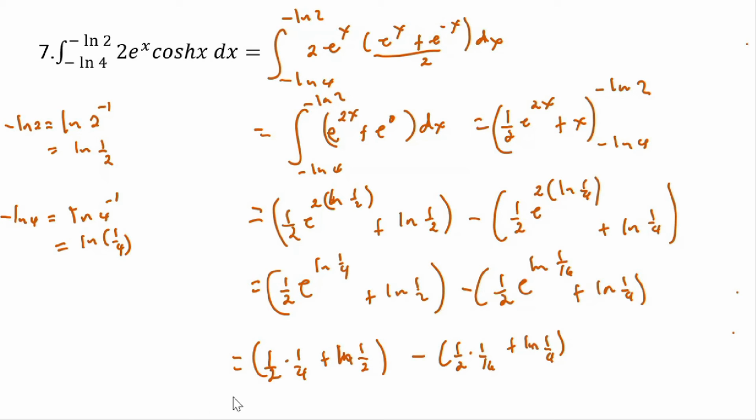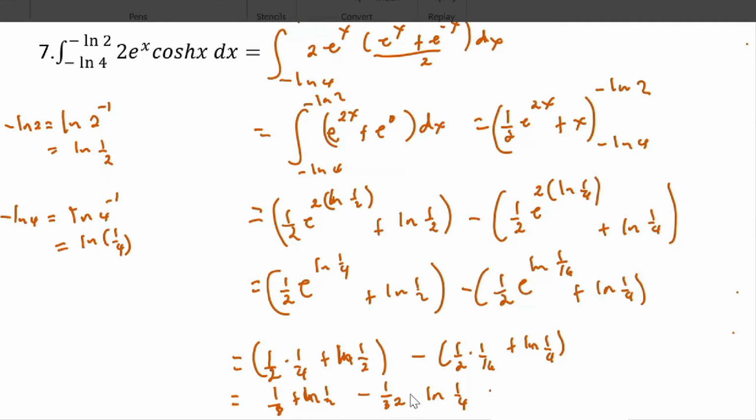Now, simplifying further, 1/2 times 1/4, we have 1 over 8 plus ln of 1/2, minus 1/2 times 1/16, we have 1 over 32 minus ln of 1/4.